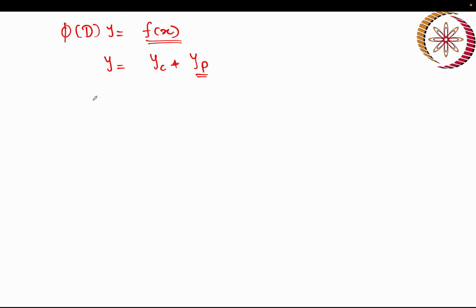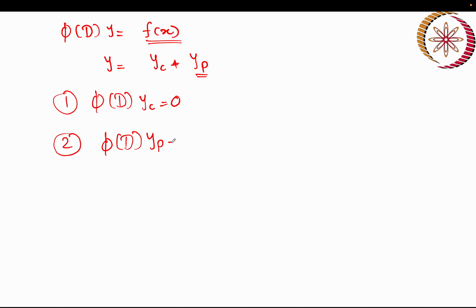So if we see how we solve this, yc is obtained by setting the left side equal to 0. That is what we solve first, and second we solve for yp, which is f of x. So this is the two step procedure we have followed.